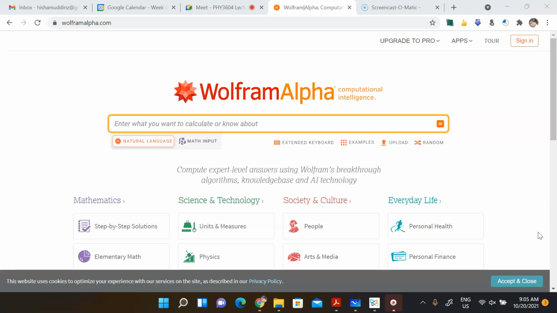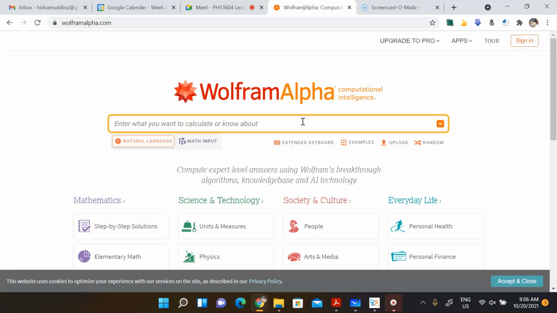Usually it's mathematical questions, but you can ask almost anything. I'll give you an example over here. This is a standard example that I use whenever I introduce Wolfram Alpha to students. You can write your questions in ordinary language.